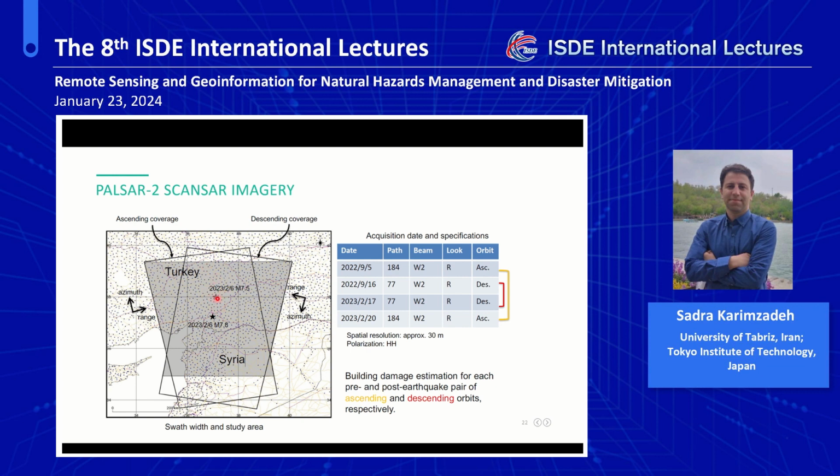You see here these black stars are the epicenters of M7.8 and M7.5 magnitudes, and the dates of ascending and descending datasets are here. The spatial resolution is almost 30 meters in HH polarization.